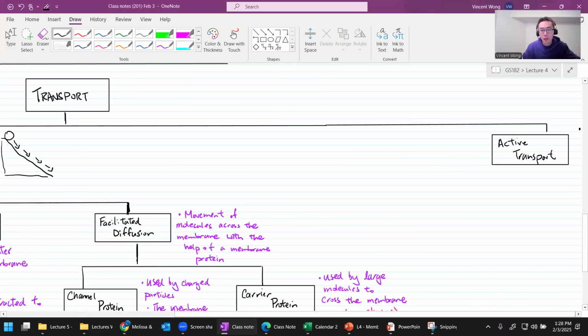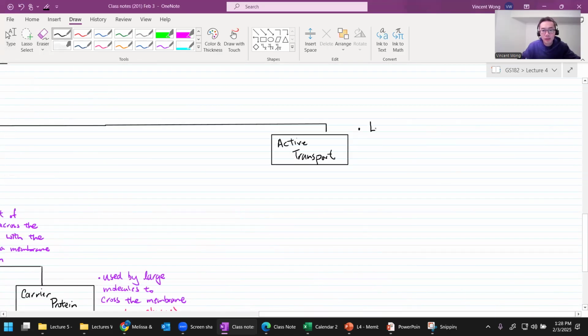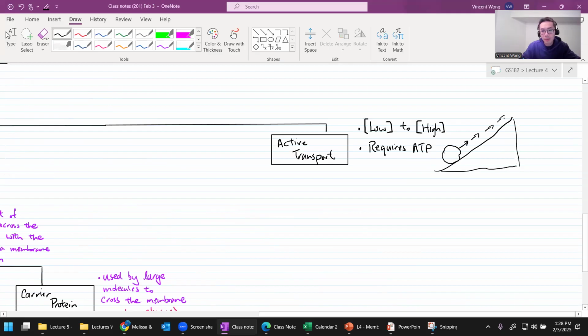Low concentration to high concentration. And it requires ATP. So this is going uphill. Think of a large snowball and you're pushing it up the hill. That's going to require energy.